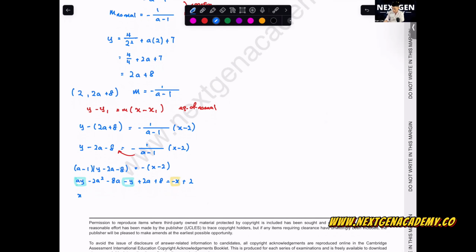So this becomes x plus ay minus y equals 2 plus 2a squared plus 8a minus 2a minus 8. I'll write it in the form (a minus 1)y, and rearrange: 2a squared plus 6a minus 6.